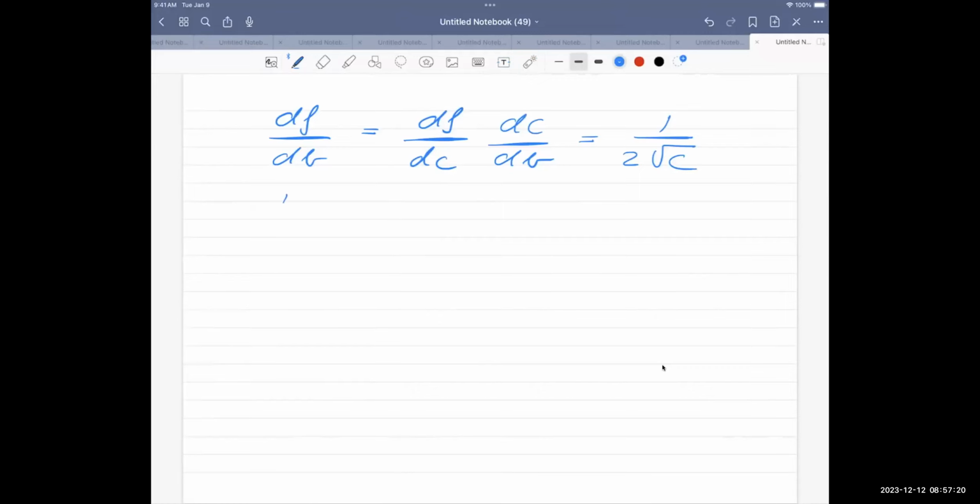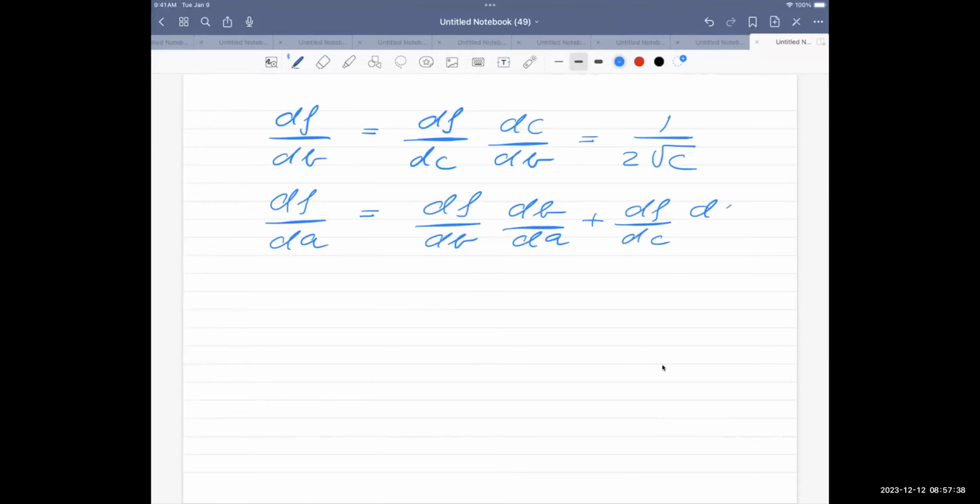We need also df/da, and this is now given by df/db times db/da, plus df/dc times dc/da here. And if I put everything together, this is going to give me 1 over 2 over square root of c, and then I'm going to have 1 plus the exponential of a.